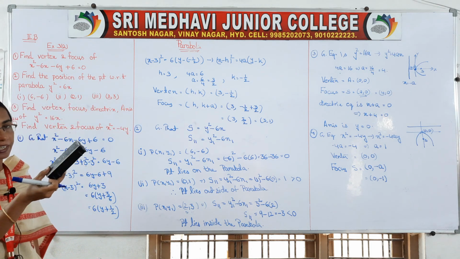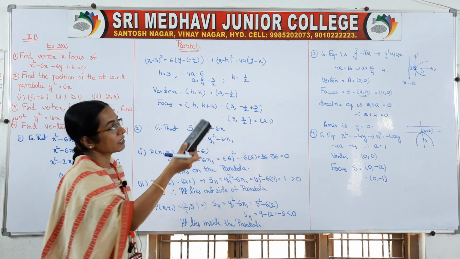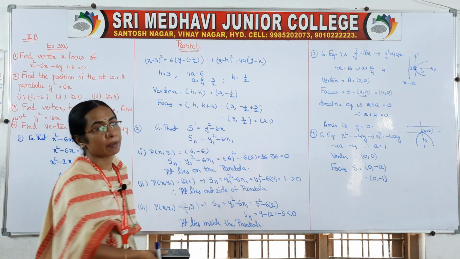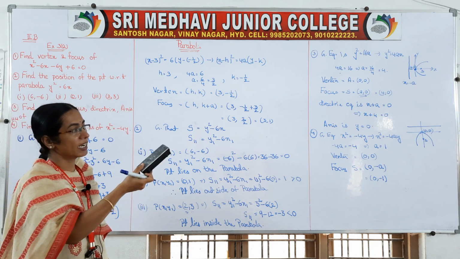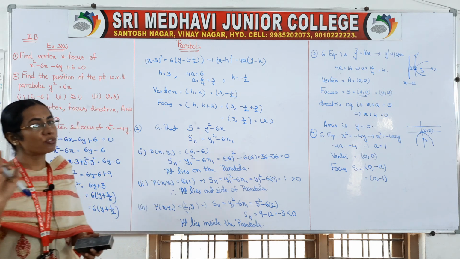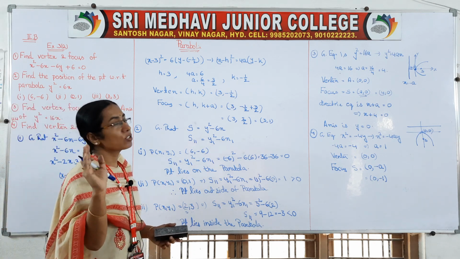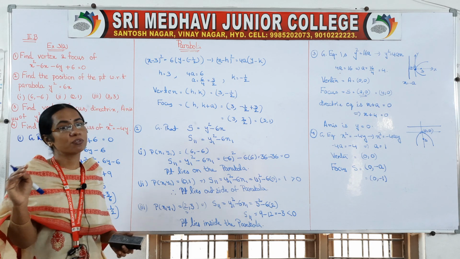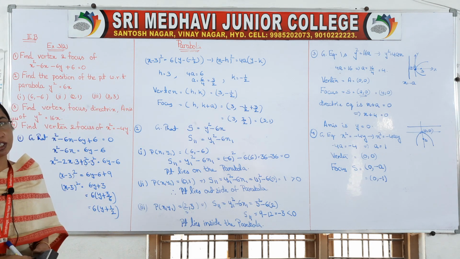It is of the first case of the parabola, y square is equal to 4ax. Compare and find your a, then we can write the vertex, focus, directrix, axis. The first 4 forms are very easy in parabola, isn't it? The next 4 forms are a little bit tough, but if you practice, you can get the next 4 forms also.